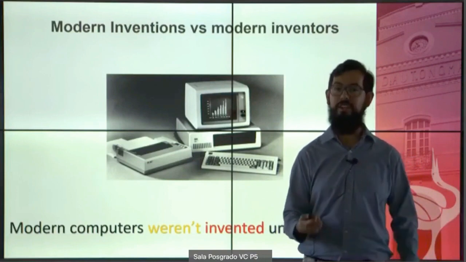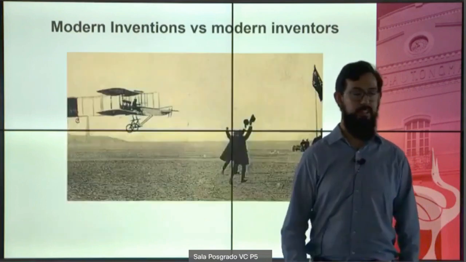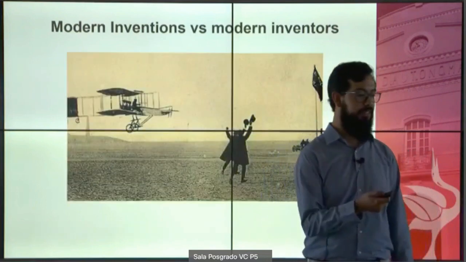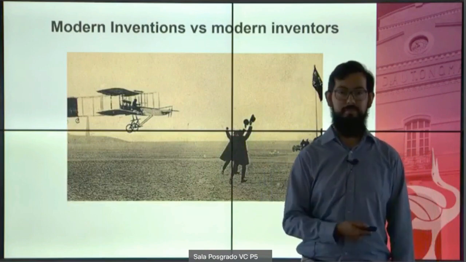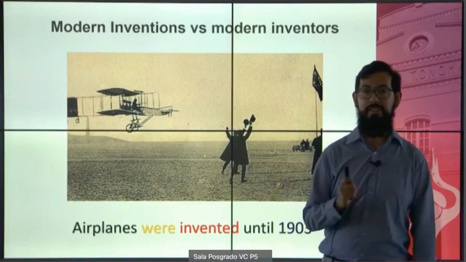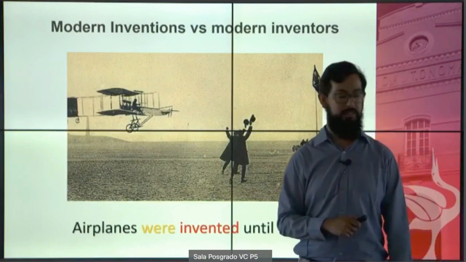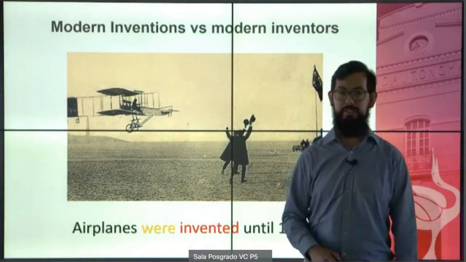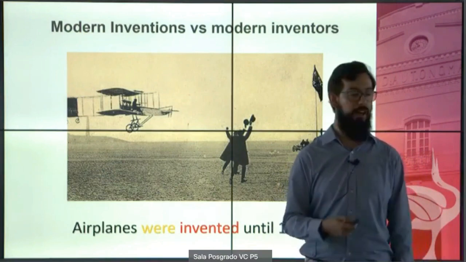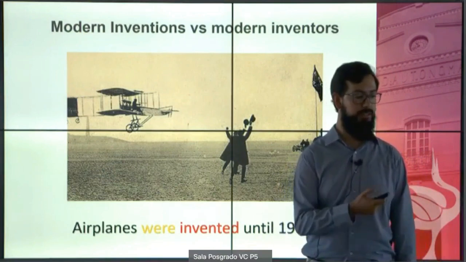Let's continue talking about inventions. What about this? Pretty nice, right? It's airplanes. Airplanes were invented in 1903 by the Wright brothers. They invented what we know as aviation or airplanes.